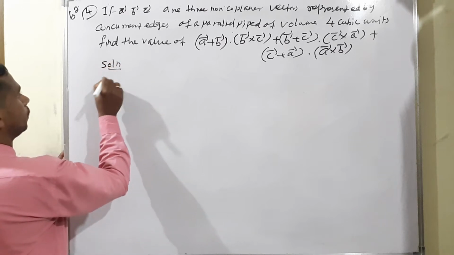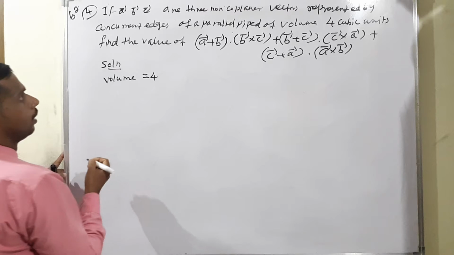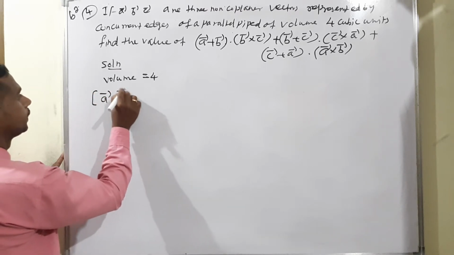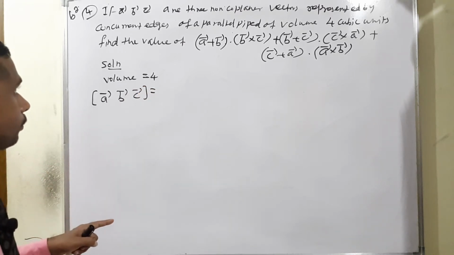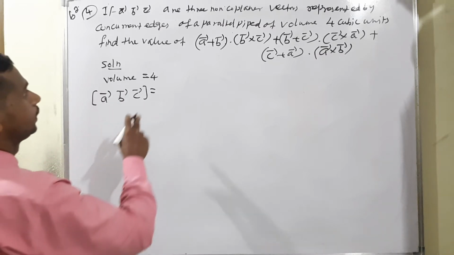Solution. So the volume is equal to 4, isn't it? But what is the meaning of parallelepiped? The box product of A vector, B vector, C vector is equal to the volume. So for the edges of the parallelepiped, what is the condition?